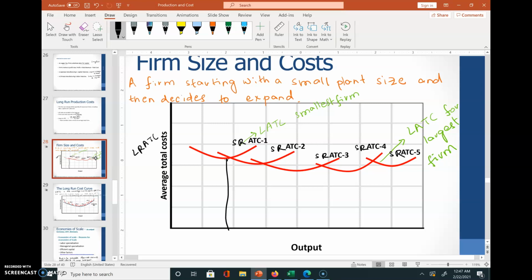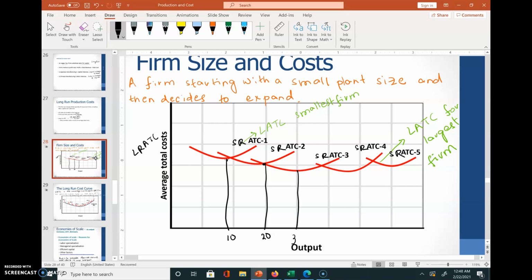If the farm wants to produce 10 units of output, it's gonna use this technology associated with short run average total cost 1. If it wants to produce 20 units of output, it's gonna look at the lowest point of short run average total cost 2 and use this production technology.